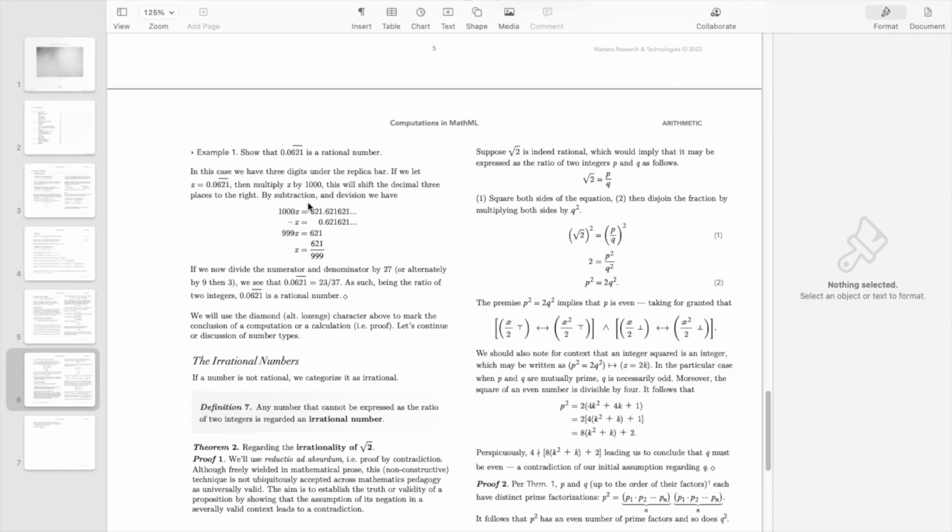This will shift the decimal 3 places to the right. By subtraction and division, we have, okay, so step number 1, multiply by 1,000, shift the decimal place 3 positions to the right. Okay, we end up with this first expression, and of course our repeating digits.